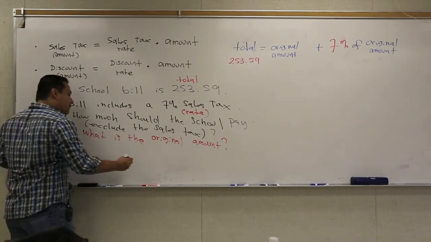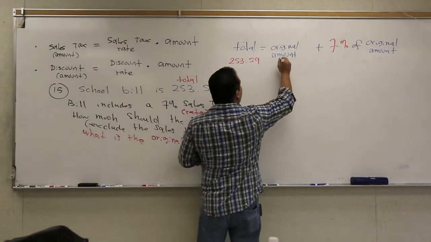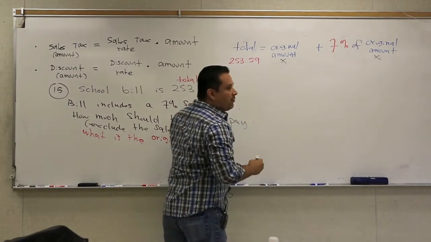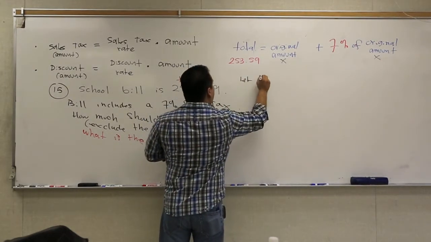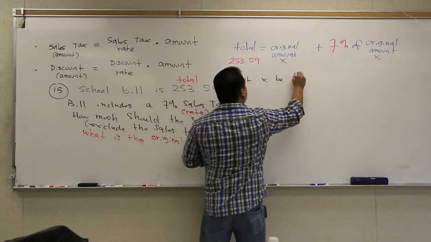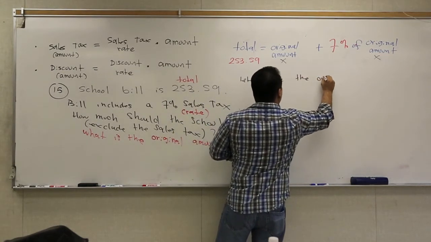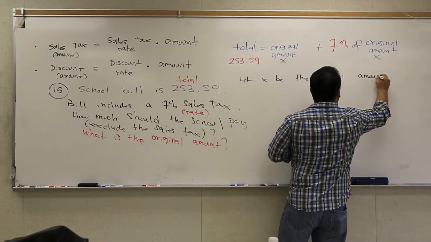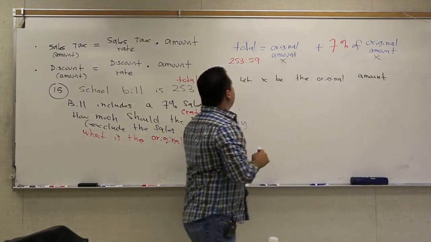Good, you call it X. So if we call that X, let's see what we get here. And very often we'll describe this. Let X be the original amount. If X is now the original amount, then what do we have?